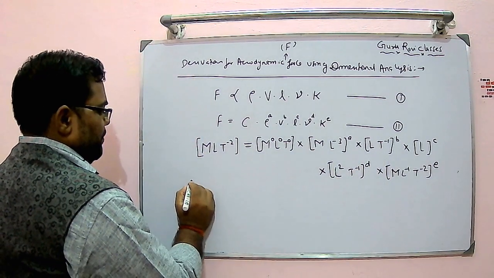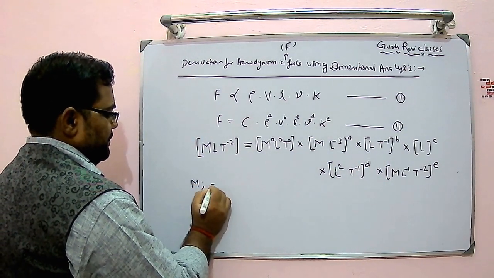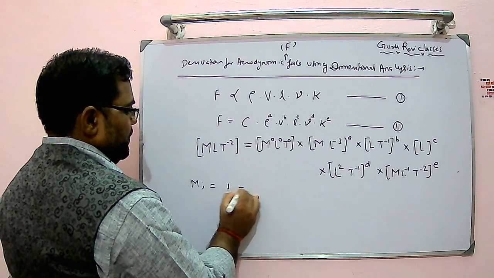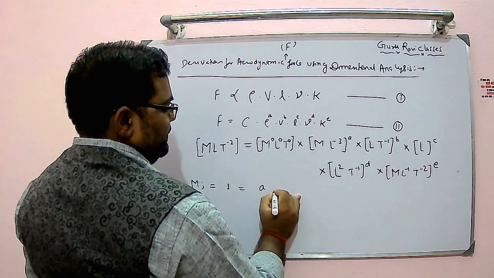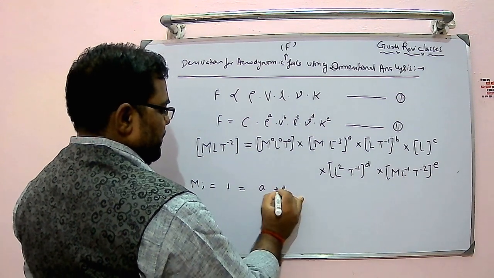When we are equating the powers of M, I can write 1 is equal to, here is 1, here is A, and here is just simply E. One term I got here.